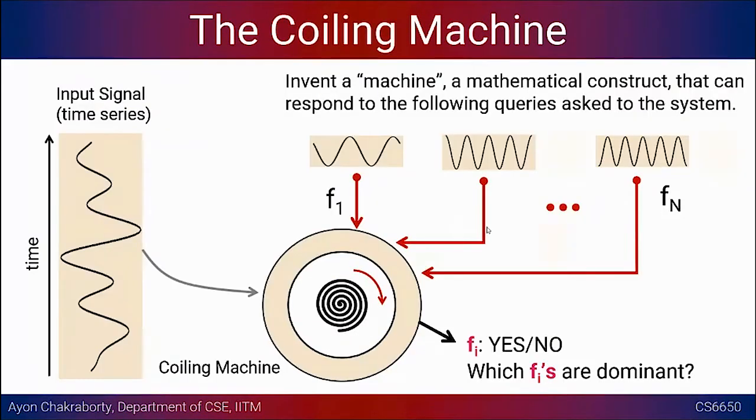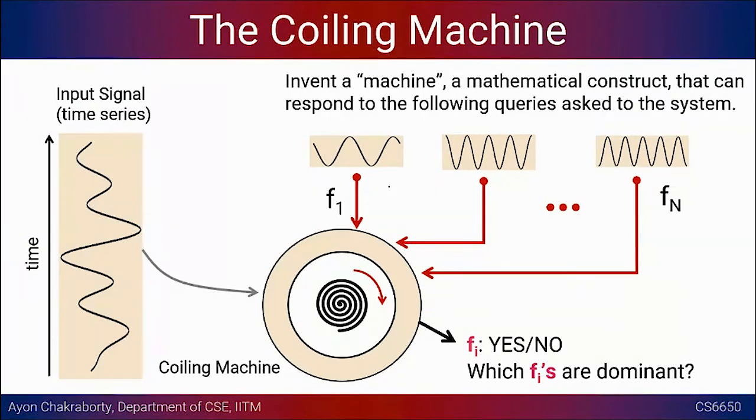Okay, so in terms of signal, on the left hand side, this is our input signal, and this is being input to the coiling machine. To the coiling machine, we ask the question whether F1 is present, whether F2 is present, up to Fn.